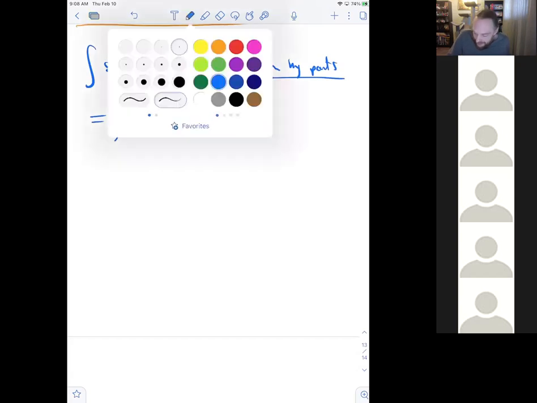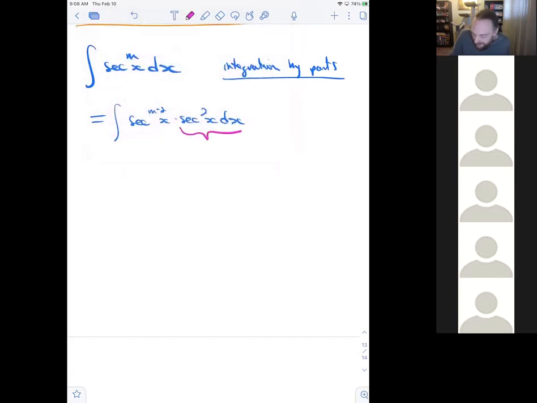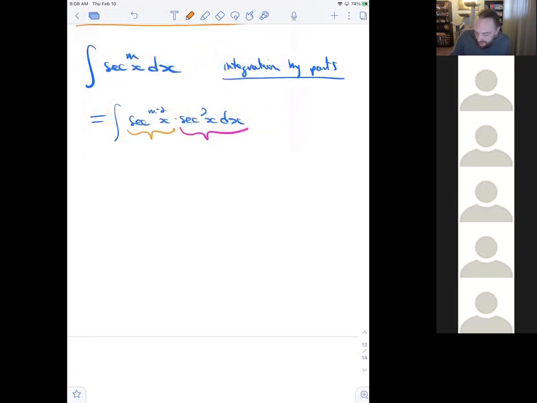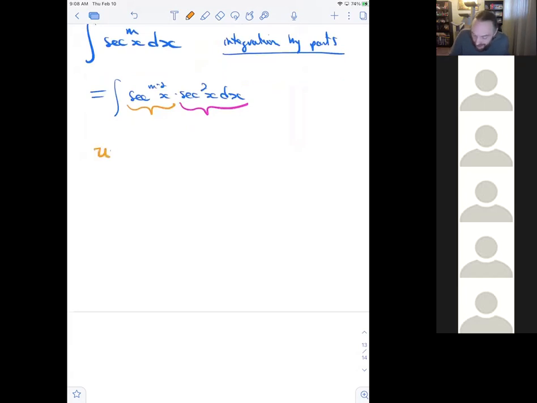And then I think to myself, who can I make to be dv, and who can I make to be u? You want to make u the thing that you can differentiate, which I can very well. And then I want to make dv the thing I can integrate. So u is going to be secant^(m-2) x.